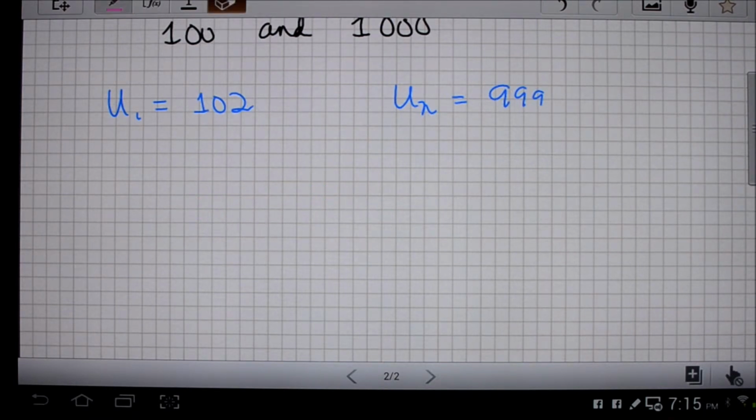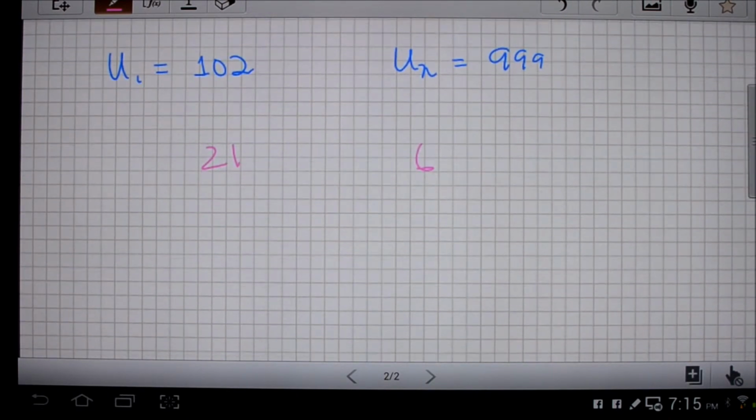Pick two random numbers. Let's find something smaller. How many numbers are in between 13 and 7? You subtract the two and add 1, and you get 7.